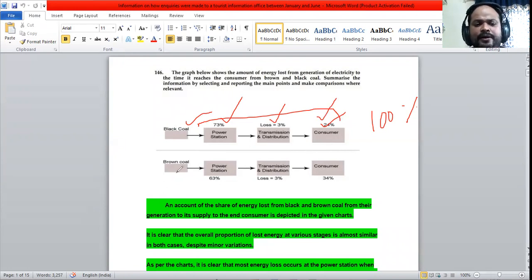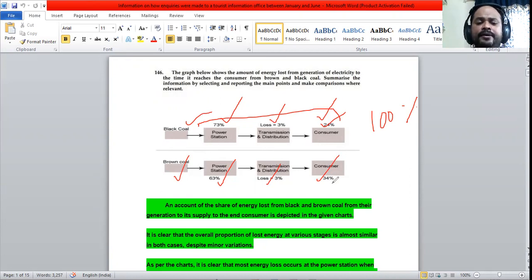The same thing here for brown coal. 63% is lost at the power station, 3% is lost when it is transmitted and distributed, and 34% is lost when it reaches the customer. The customer means the end user, the final user.